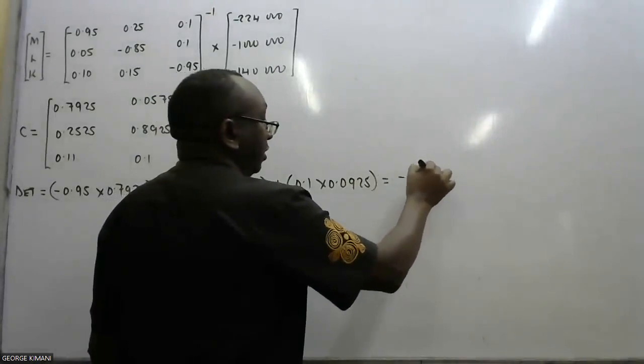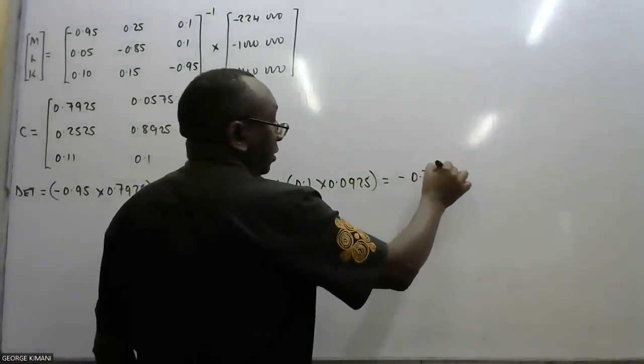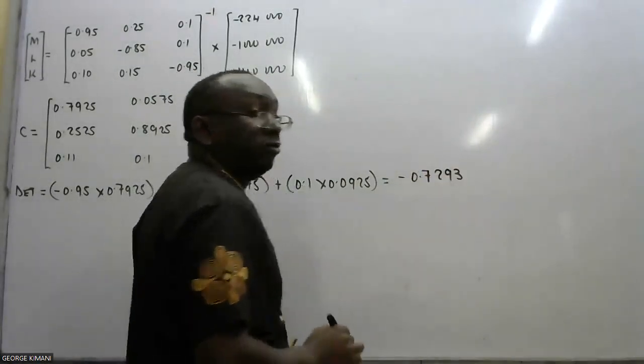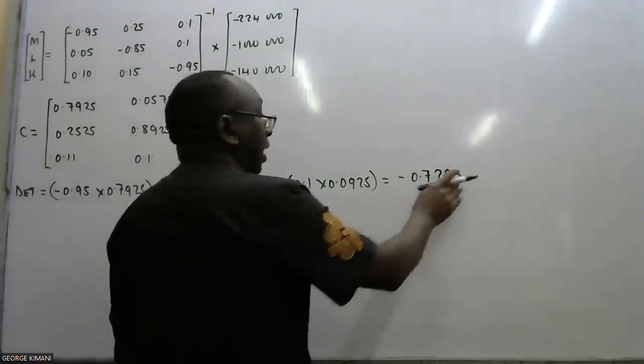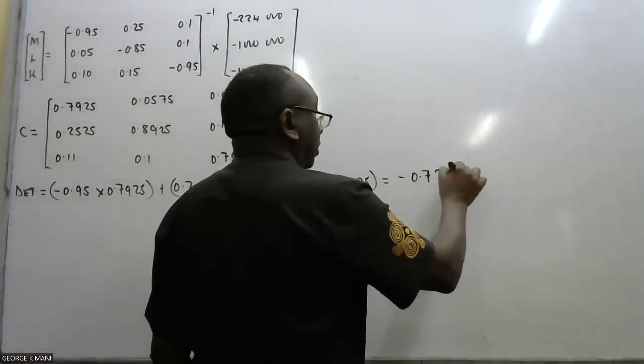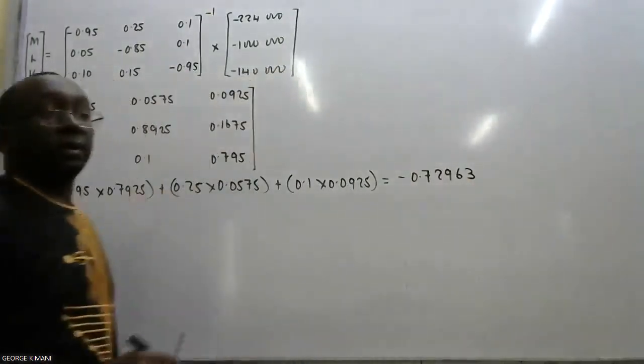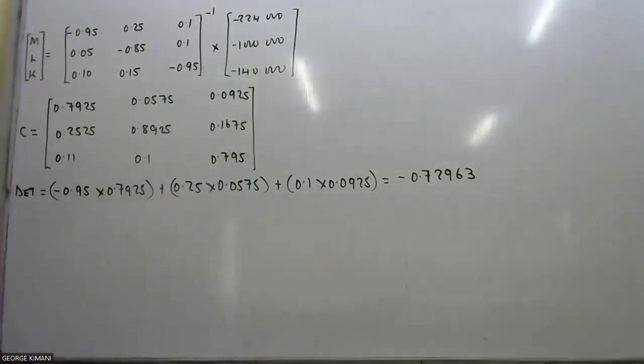Minus 0.7. Give me your own text without rounding. 963. 963. Here. Is it confirmed?